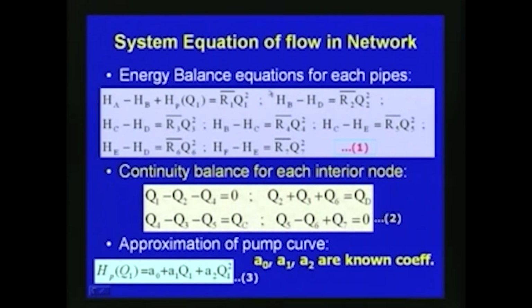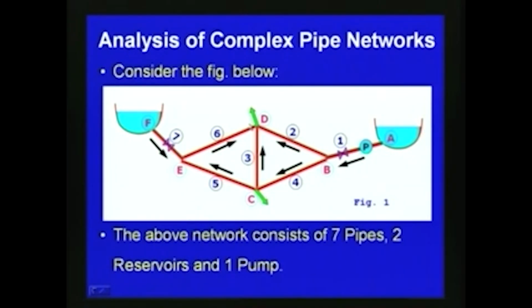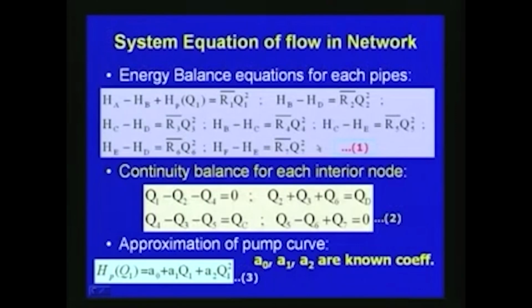That is the energy balance equation between A and B. Similarly, between B and D, we can write HB minus HD is equal to R2 bar Q2 square, and similarly between C and D, HC minus HD is equal to R3 bar Q3 square, and between B and C it is HB minus HC is equal to R4 bar Q4 square, and between C and E, HC minus HE is equal to R5 bar Q5 square, and between E and D, HE minus HD is equal to R6 bar Q6 square, and between F and E, it is HF minus HE is equal to R7 bar Q7 square.